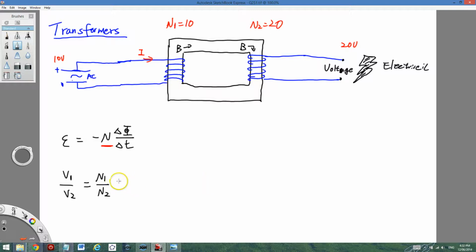Now remember, let's consider this. After going through a transformer, the voltage changes, thus the current changes. But what is not changed? The power does not change. It doesn't generate electricity. It just transfers electricity.